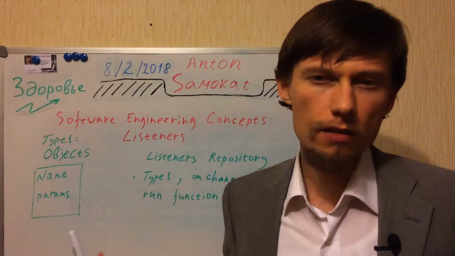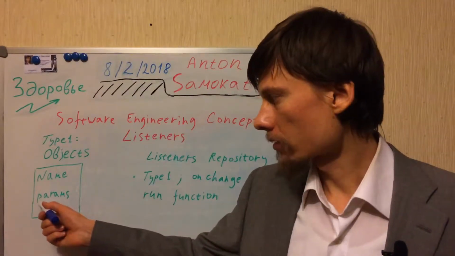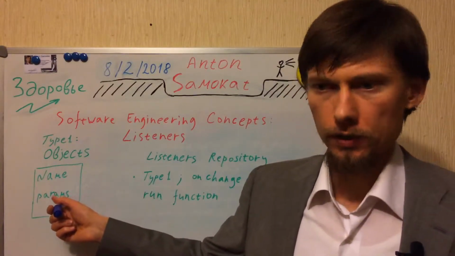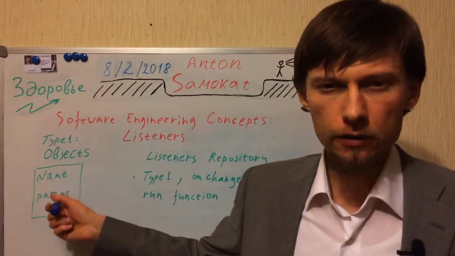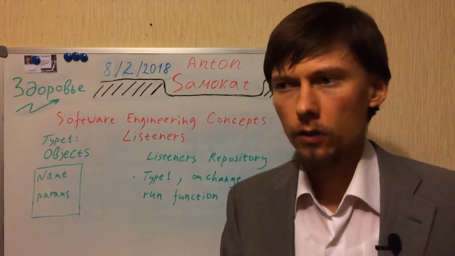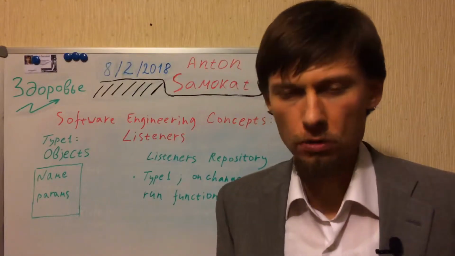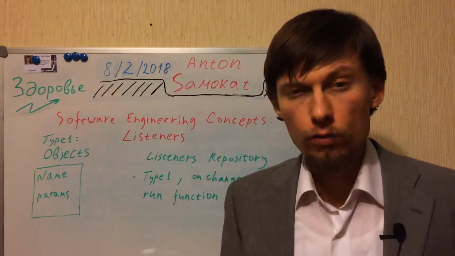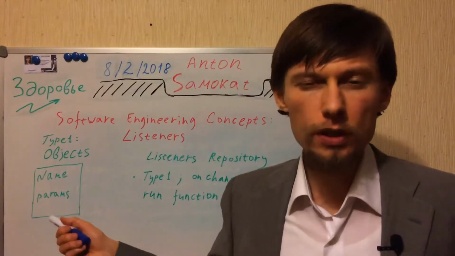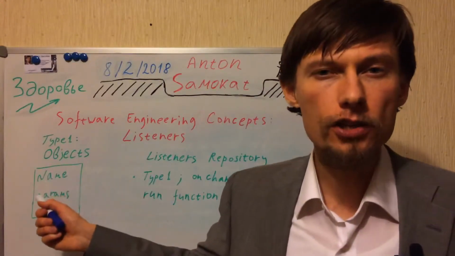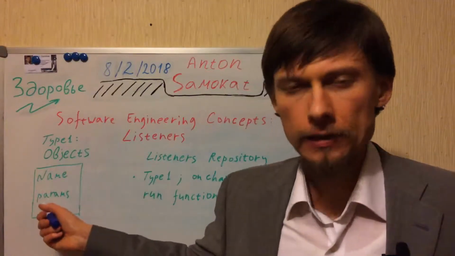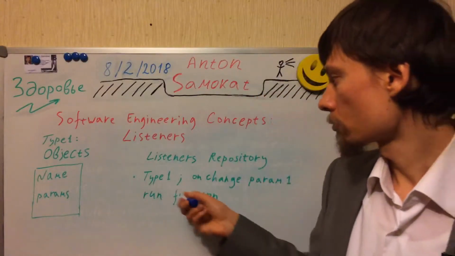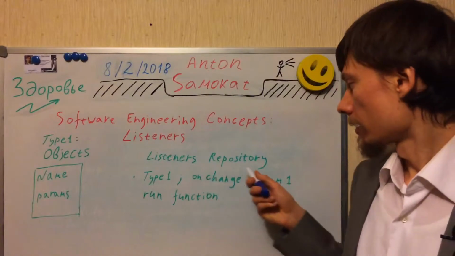For example, to add some validation. If we have a field, some nickname, and we want to have unique nicknames for users, for persons in our system, then we can add validation that the nickname of some person is unique throughout the system, and we can use a listeners repository for this.